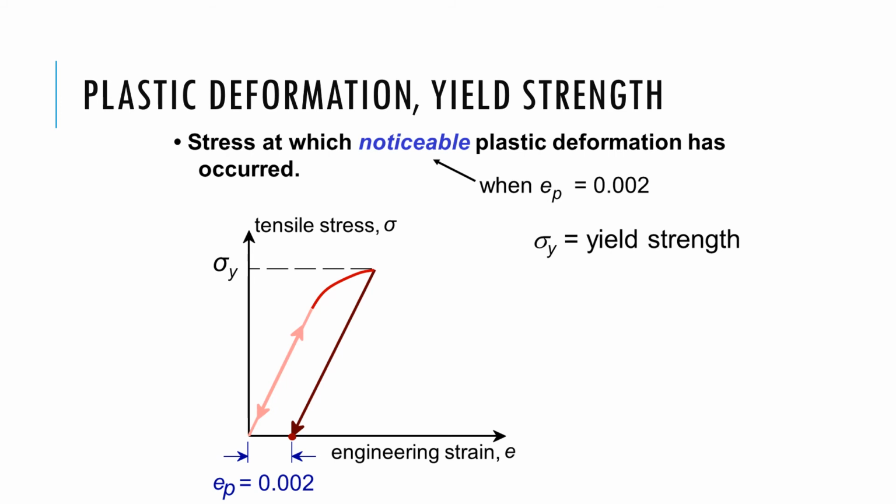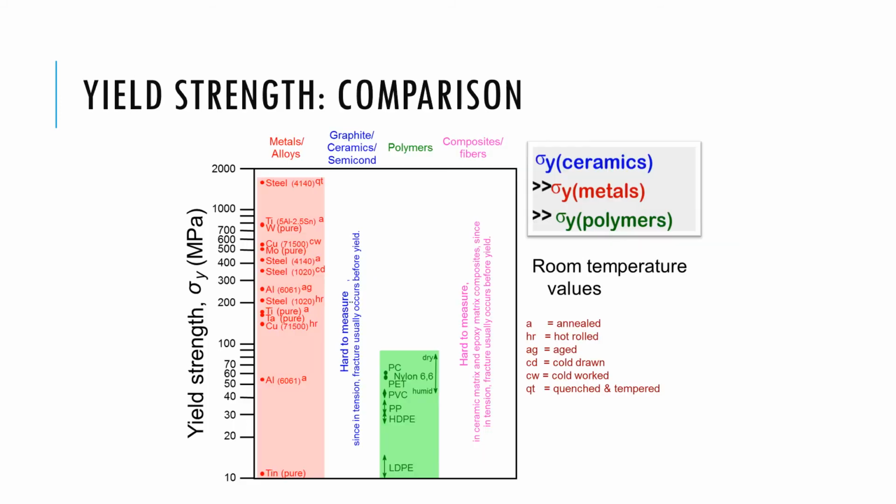So the minute you start to see a deviation in linearity when you plot stress versus strain, the moment you realize that you've got noticeable plastic deformation, we call that the yield strength of a material, i.e. we've gone past the point by where deformation is reversible. And you can compare the yield strengths for various materials there. You'll notice that metals have a huge range of yield strengths, metals and their alloys.